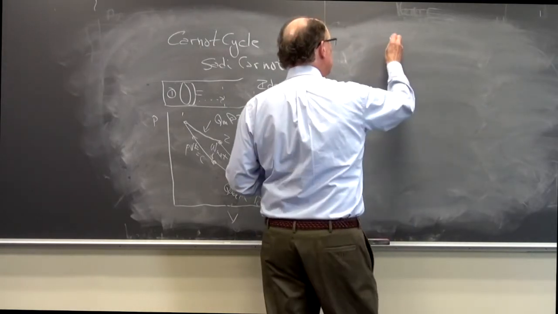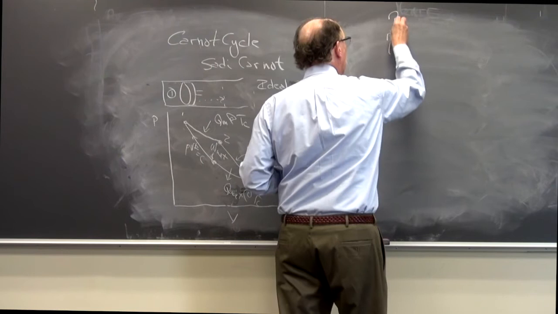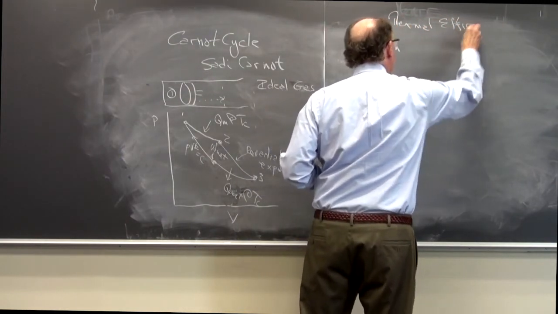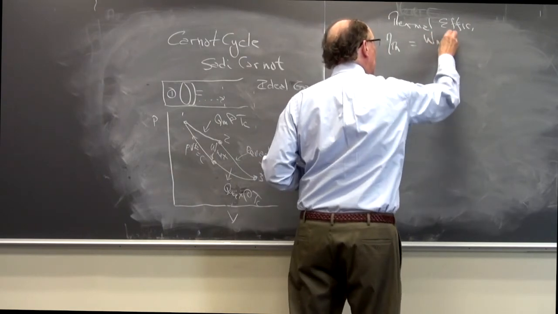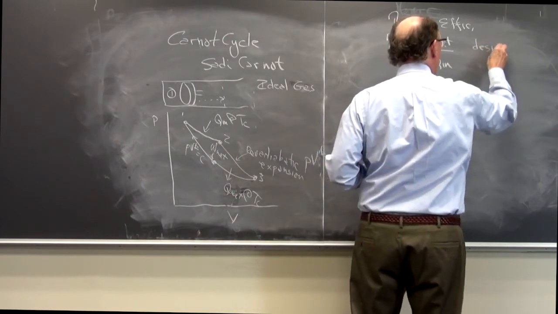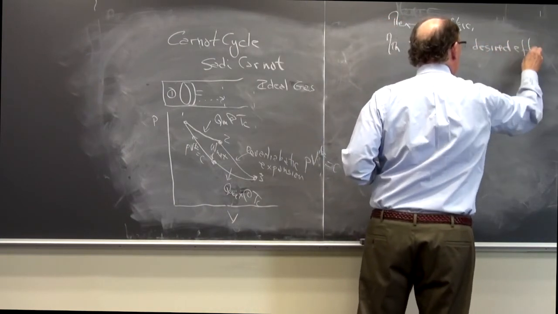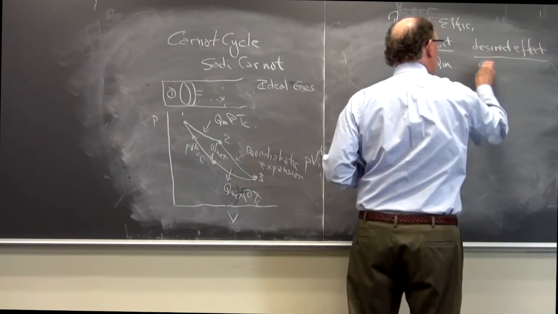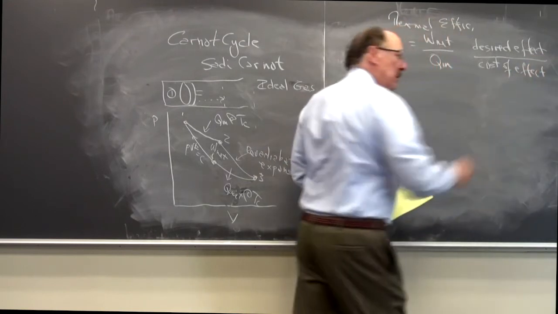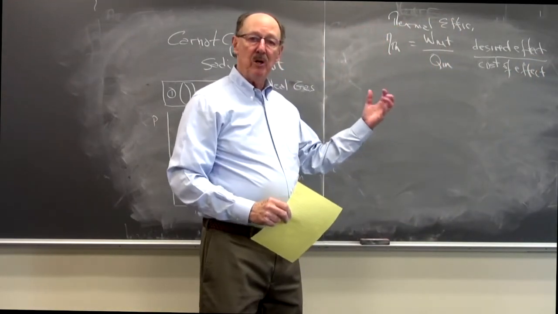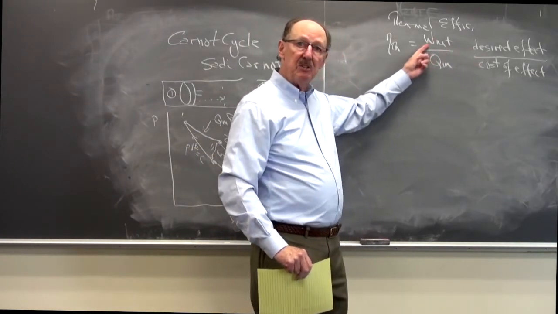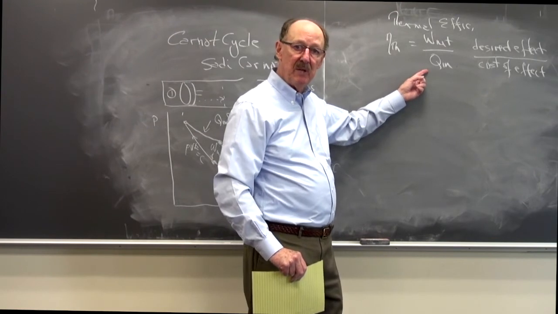So the thermal efficiency is equal to W net over Q in, desired effect over cost of effect. All efficiencies are related to output over input, or what the desired effect is over the cost of the effect. The desired effect is produced work. The cost of the effect is the energy that we had to put in.